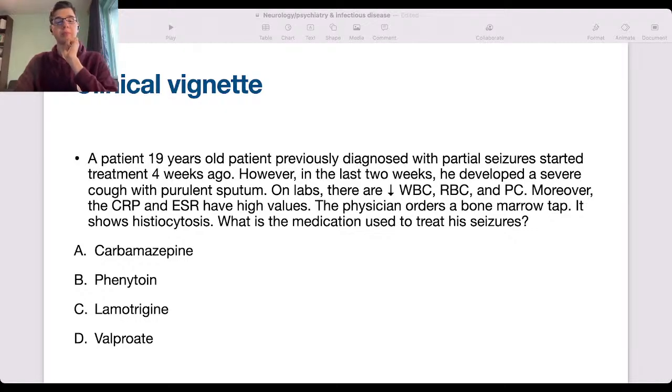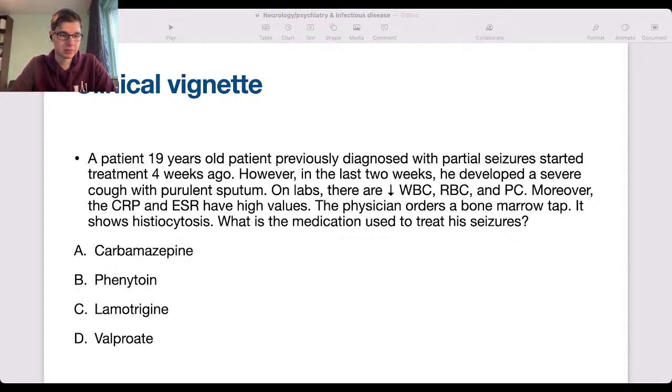Okay, we have lamotrigine. Do we have other answers for this question? So we have an A. Okay.